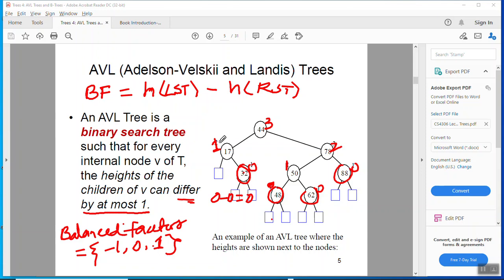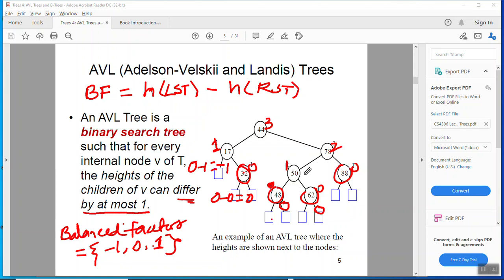And for this one, what will be the balance factor? This side is 0, and the right side is 1. So 0 minus 1 equals -1. For this one, the balance factors of the children are 0 and 0, so 0 minus 0, the balance factor will be 0.